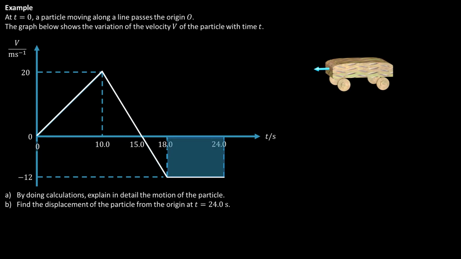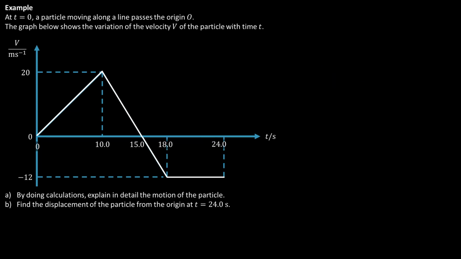First, let us take the line along which the particle is moving to be an x-axis, and therefore I will place x hat to indicate the positive direction.